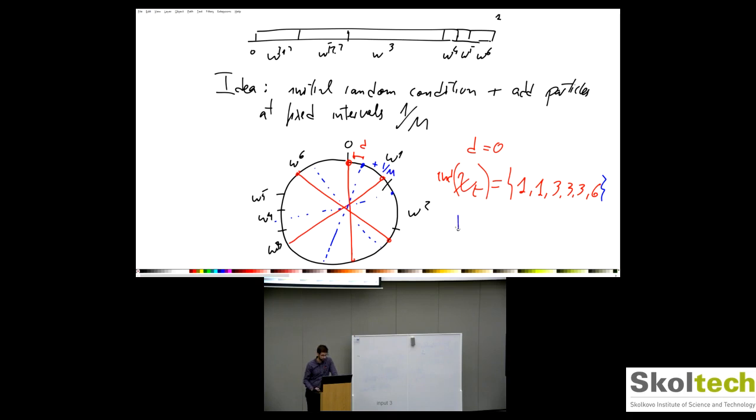So in this case, for this D1, this particle set is now going to be a little different, right? So the randomness comes from the initial condition. You can imagine this is kind of a shifting wheel, and all these intervals are always the same. This is 1 divided by m. It's simply changing the initial condition.